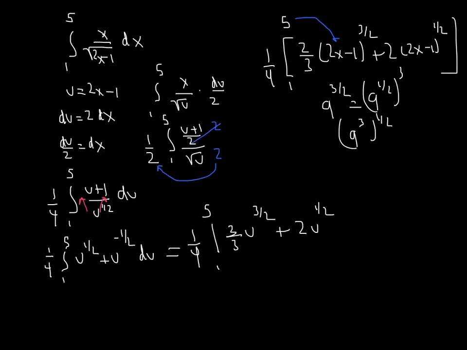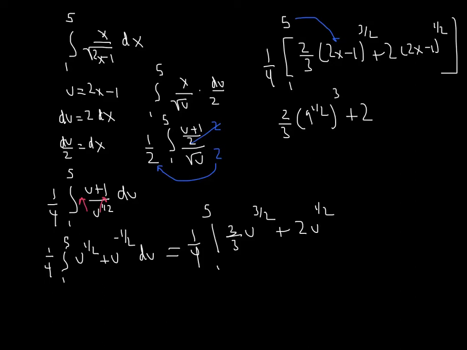All right, so since you have that, I'm going to erase that. All right, so what do we have here? We have 2/3 times 9 to the 1/2 cubed plus 2 times 9 to the 1/2 power.